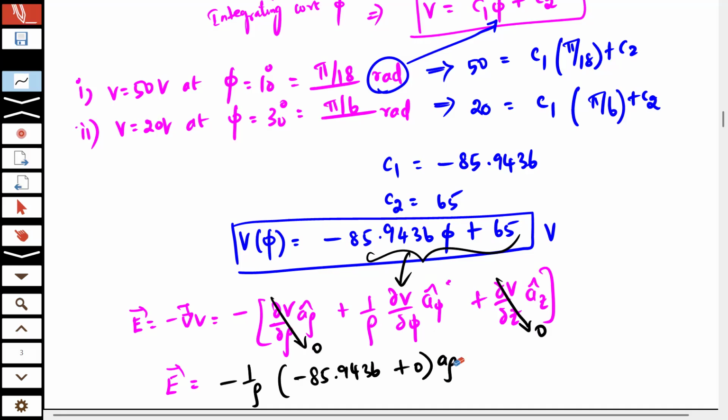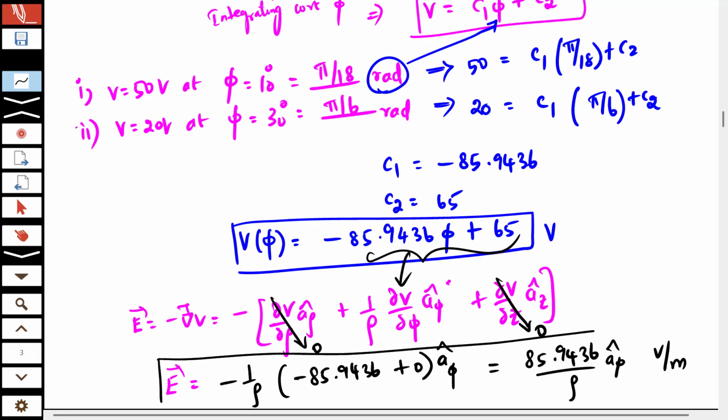Sorry, it must be A phi cap. Now this will be 85.9436 by rho A phi cap volt per meter. This is the expression for electric field intensity between the two radial conducting plates.